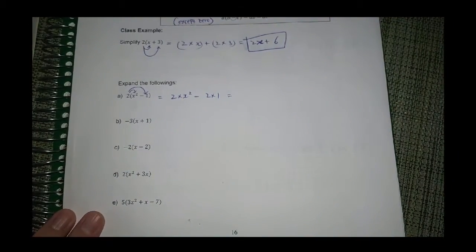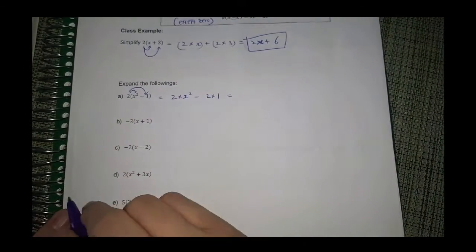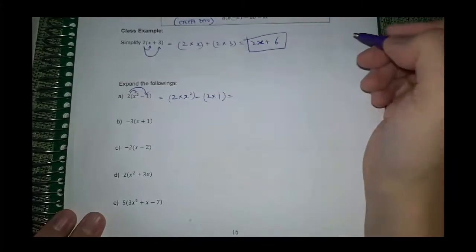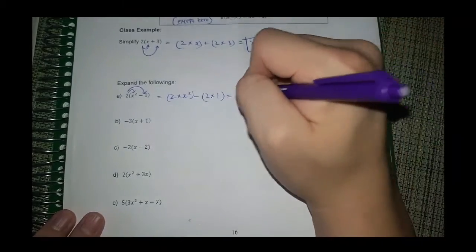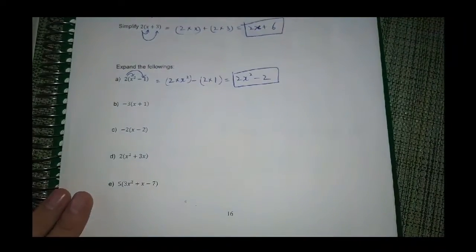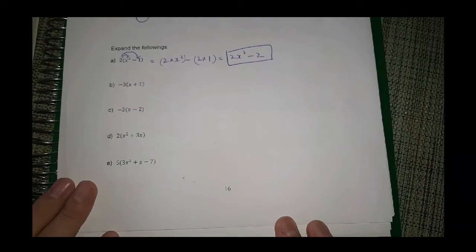As you may notice, I'm multiplying not the sign, but just a number. So 2x squared, a single term. The next one is by itself too. So 2x squared minus 2. That's how you do it. You don't need to have tiles, even though they're going to be reintroduced again. Same thing.